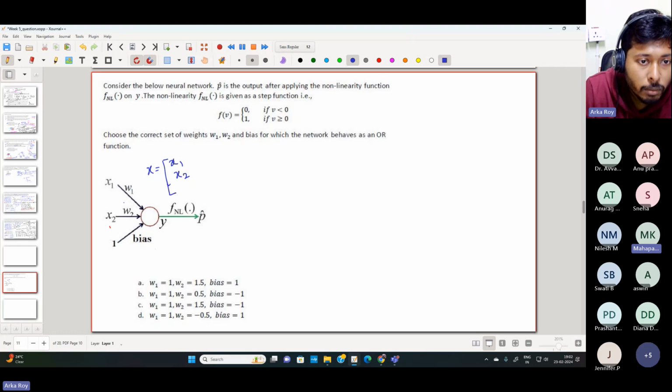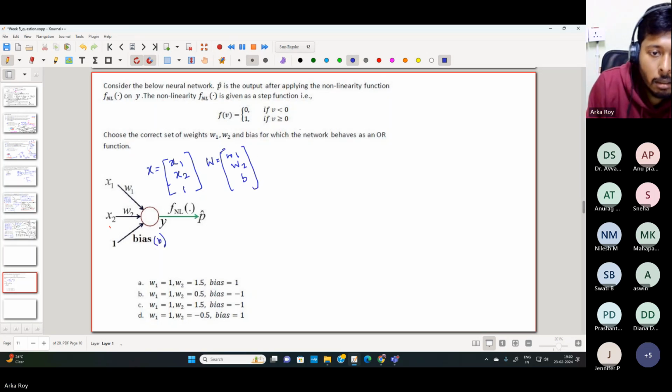The matrix format for the input will be x1, x2, and 1, and the matrix format for the W will be W1, W2, and let me write bias as B. So the Y is W transpose into X, right?